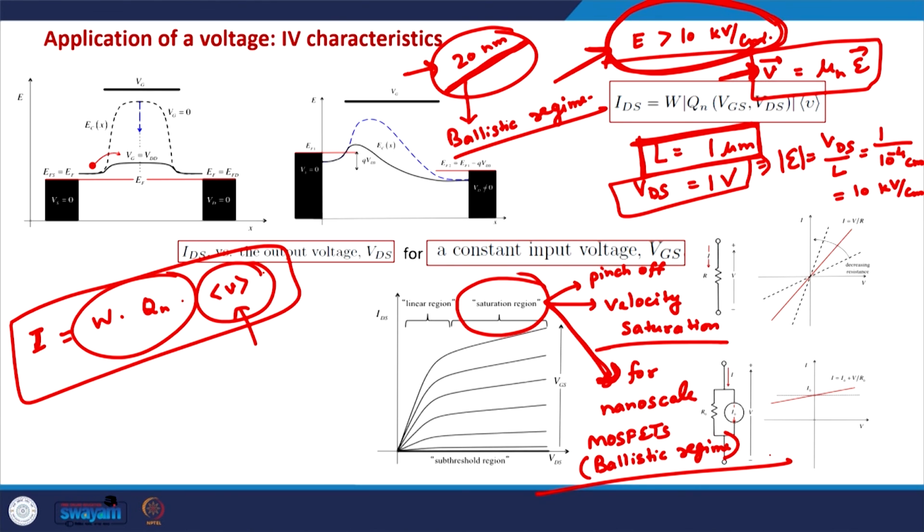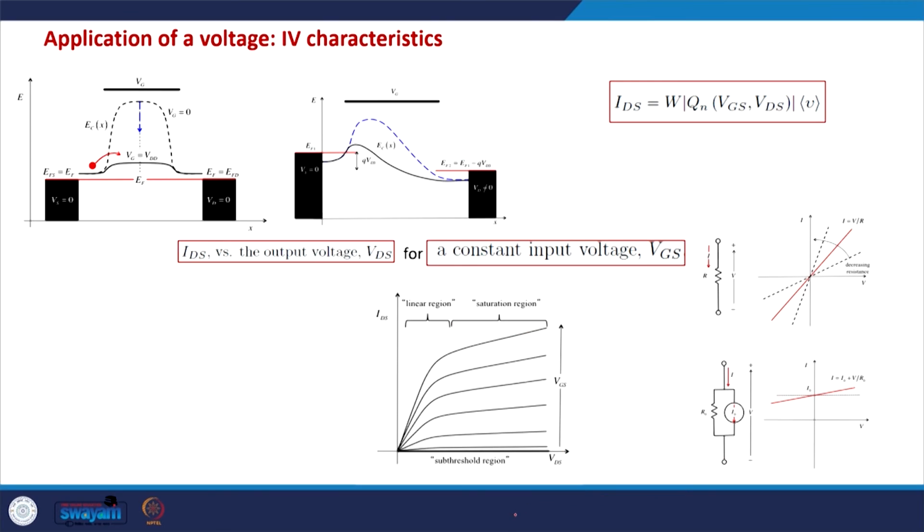That is not due to either pinch off or the velocity saturation, and that is what we will see while we discuss the transport theory of MOSFETs. We will try to see why the current saturates even if the velocity of electrons does not saturate.